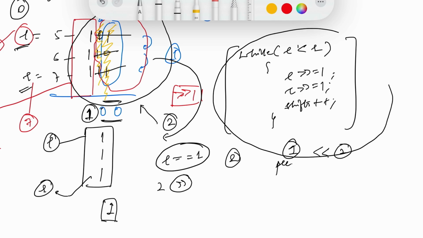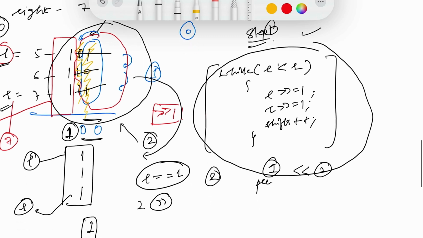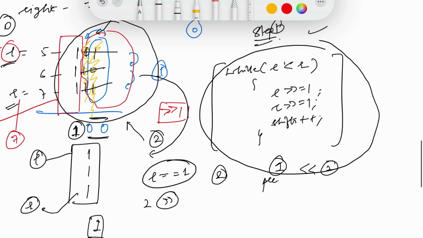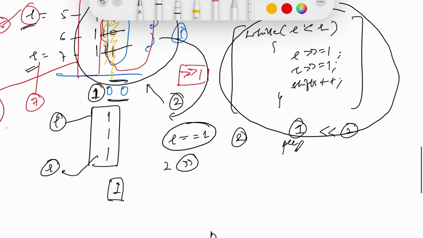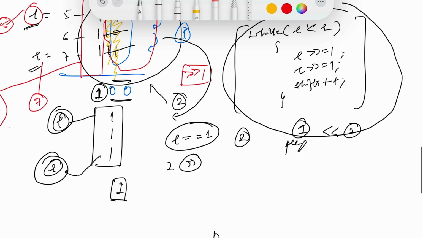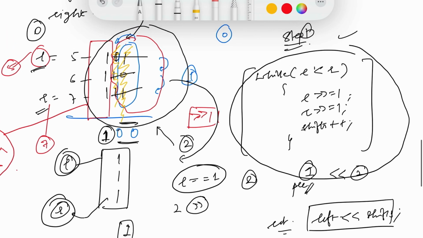Step 1 is done. It means we are able to achieve this prefix value. And what is our prefix value? This L value and R value, all of these values are our prefix. So on any one of these values, let's say I'm taking left, if I make the left shift by the shift number of times, this is going to be my AND value, and I can return this from this function.